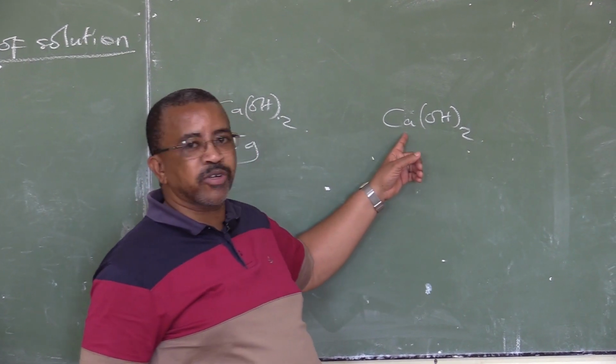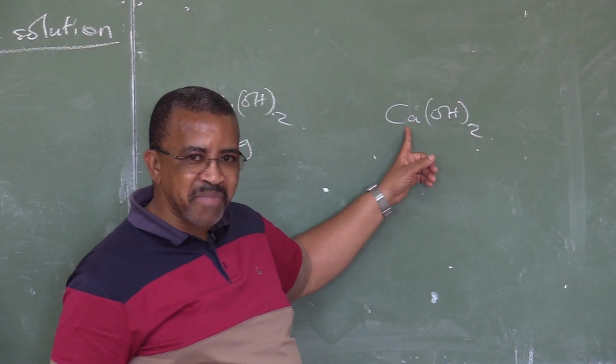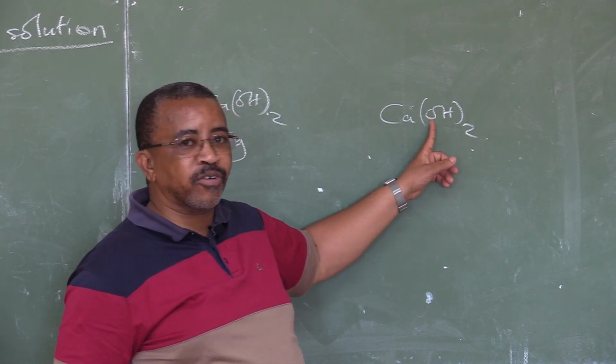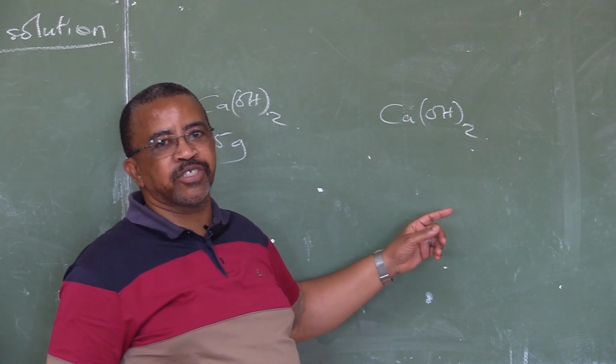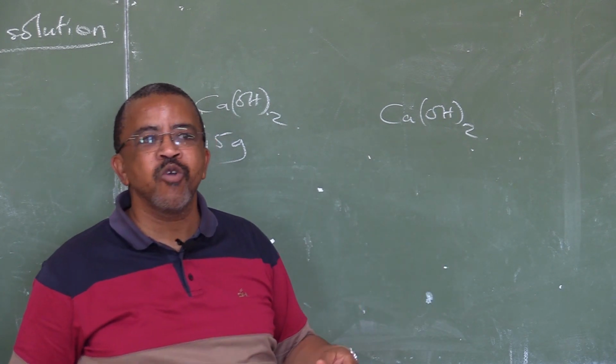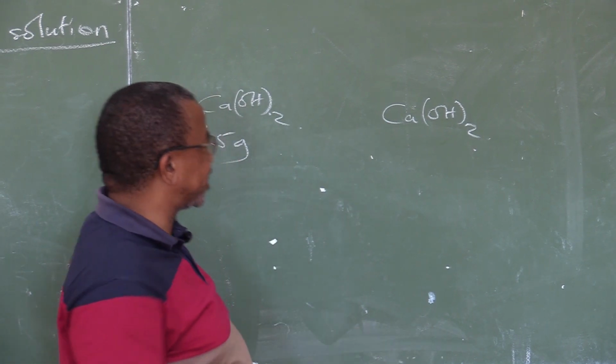So with the periodic table you check the atomic mass of calcium, atomic mass of oxygen, atomic mass of hydrogen. And because it's a molecule, we call it molecular mass.